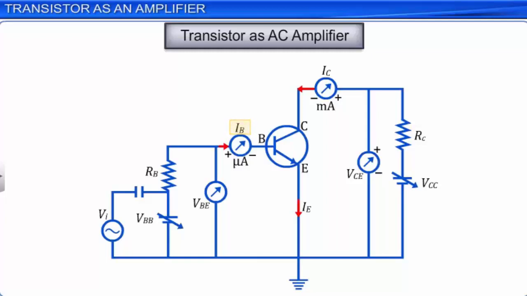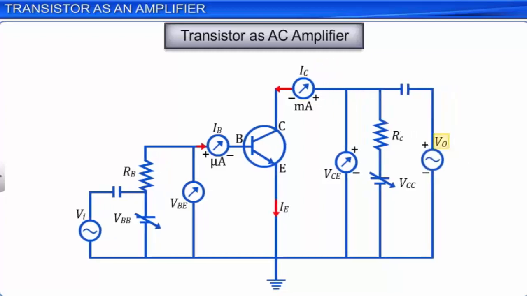The sinusoidal variations in collector current IC produces corresponding changes in the output voltage VO, which can be measured across the battery VCC and the resistance RC. Large capacitors are used to block the DC voltages while measuring the AC variations across the input and output terminals.